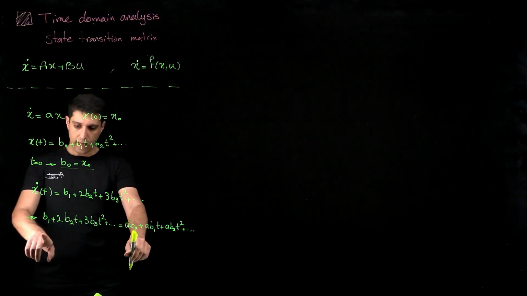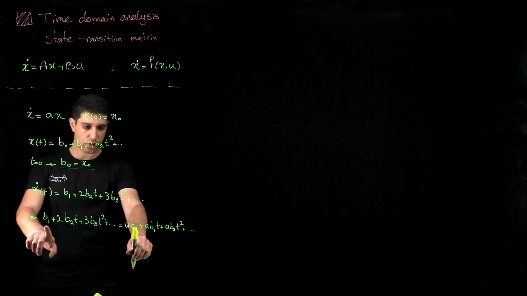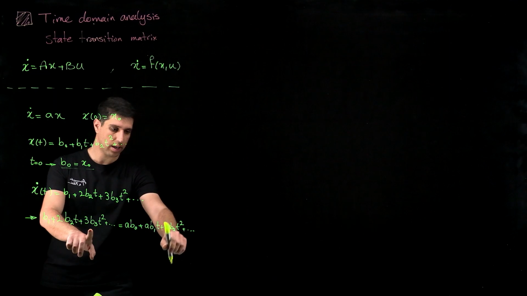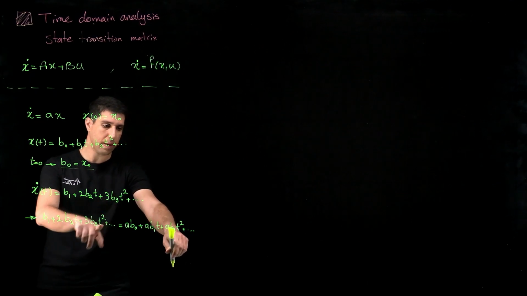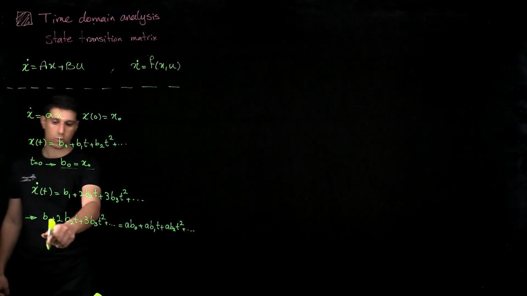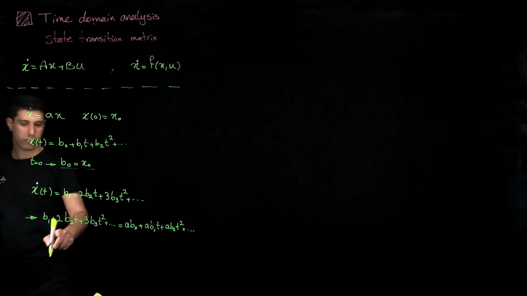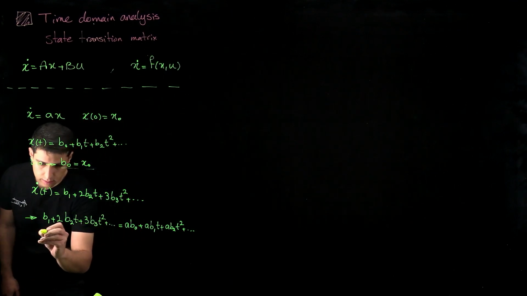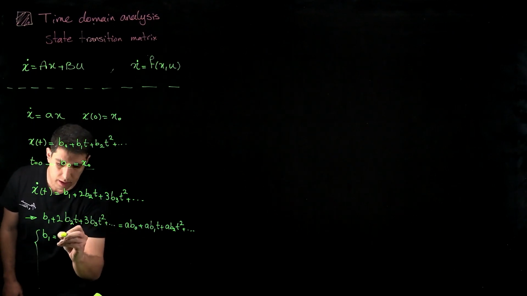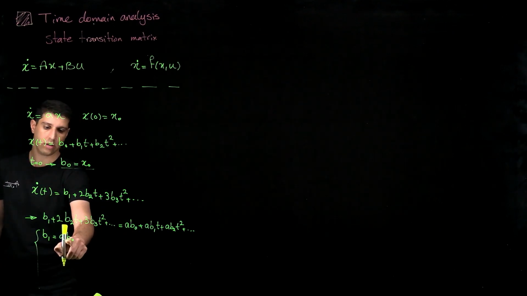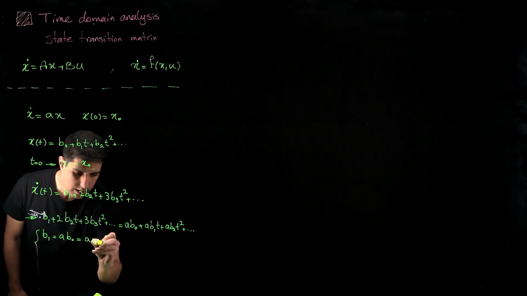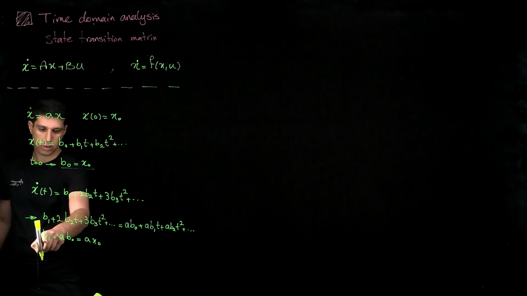To find the right values, I can check the coefficient of each of these t to the power whatever, 1, 2, 3, and try to find a relationship between b's and a. So at the scalar one, I have b1 equals this one, a b naught, and I know the value of b naught, which was x naught, so I have a x naught. Good, so I calculate b1.